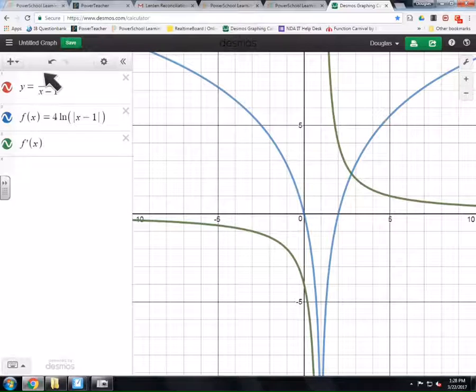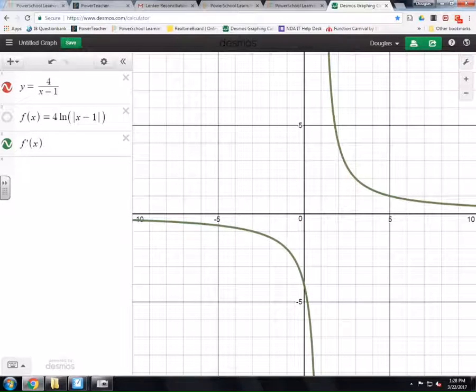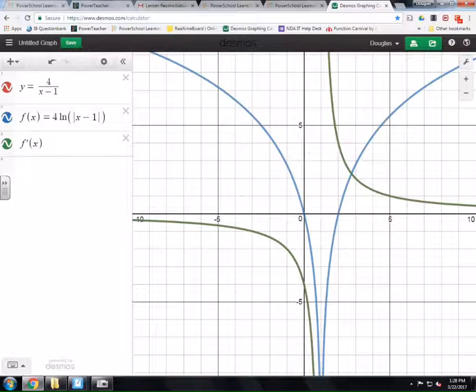But we have y equals 4 over x minus 1, and then I have what I got as my answer, 4 times the natural log of x minus 1, and then I asked Desmos to differentiate my answer. If I did everything right, then these two graphs should be the same. That is f prime of x, and the given function should be one and the same, and in fact they are. So that's a way you can check electronically.